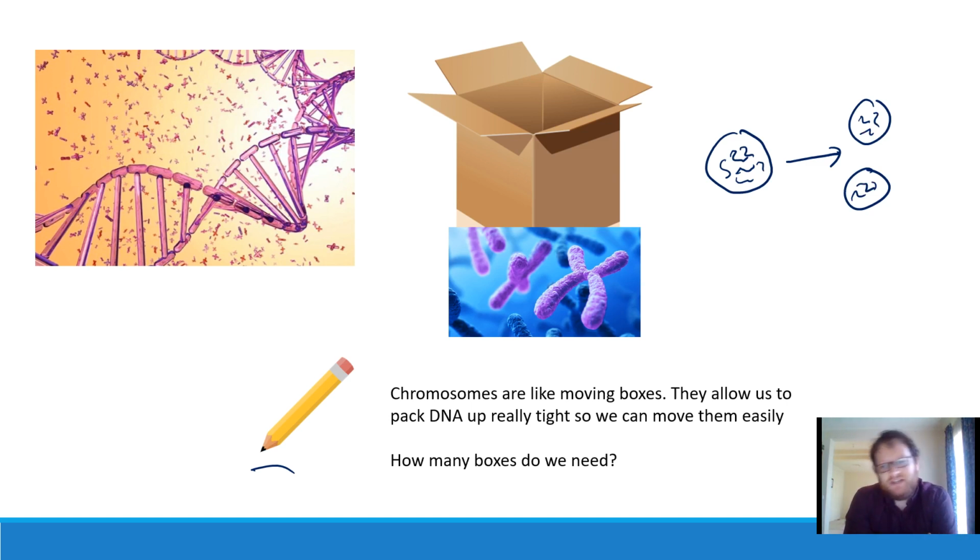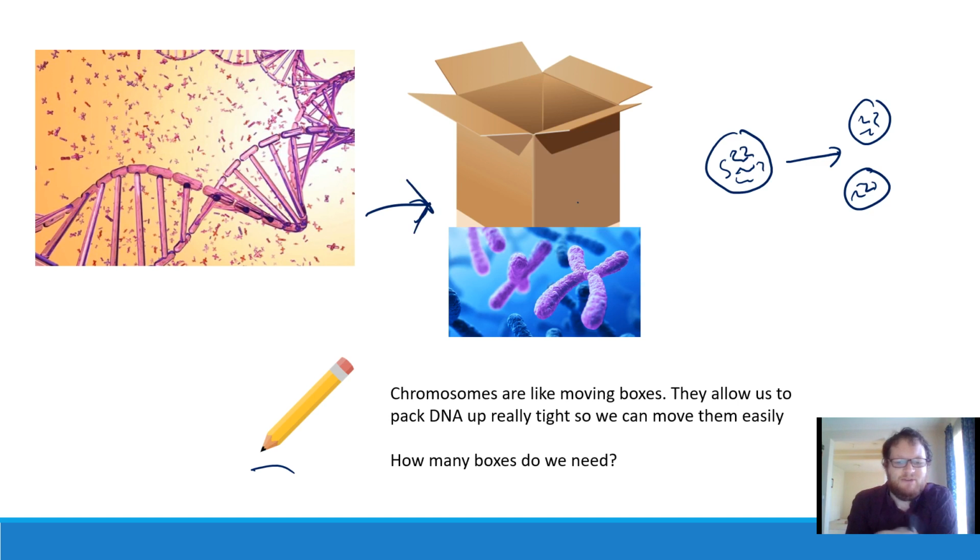Imagine trying to move all of your clothes one by one. That would be very, very difficult. But if you could pack all your clothes into a box, then it would be a bit easier to move. So that's why these chromosomes are like moving boxes. The idea is that we can pack them all up into a box, move them, and then unpack or untangle them. So the idea is it goes from this to this.